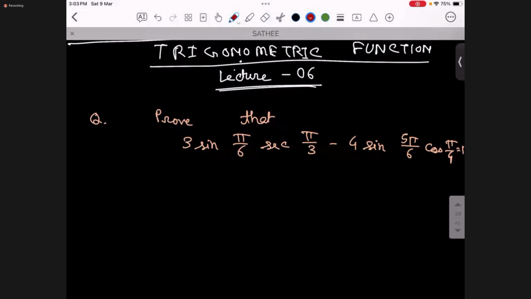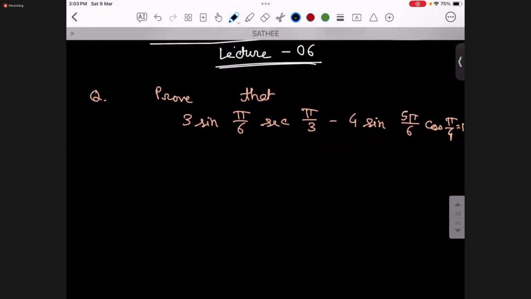We have to prove this. Here we can see that we almost know all the trigonometric functional values at these given angles. So if we just apply those values, we can get the answer. So let's do it that way.